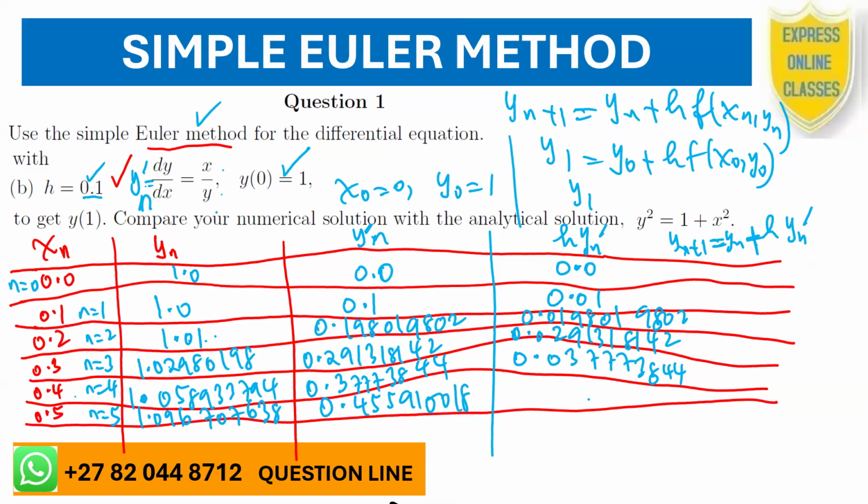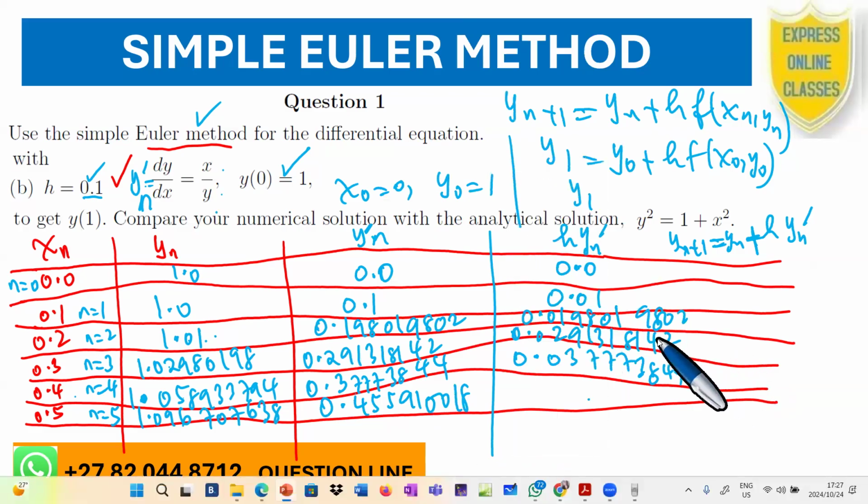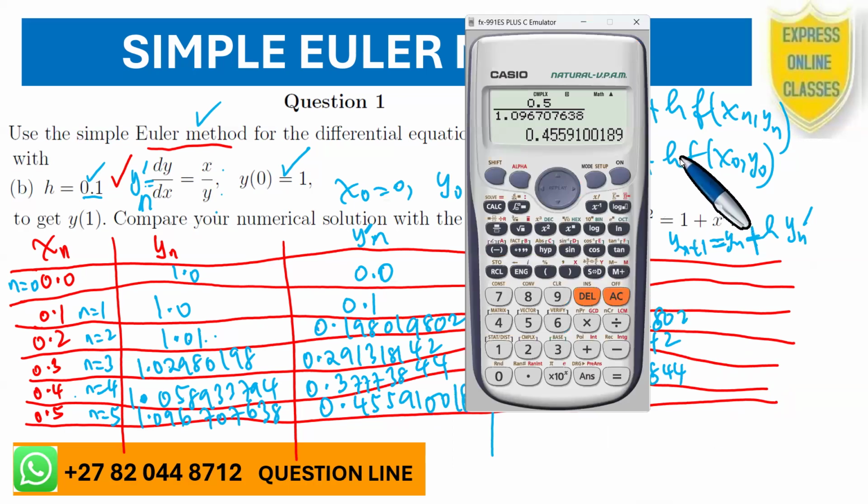0.455910018. Then now you have h times y prime, so which means it is this one times 0.1. Okay, let's check what we're going to get out of this.